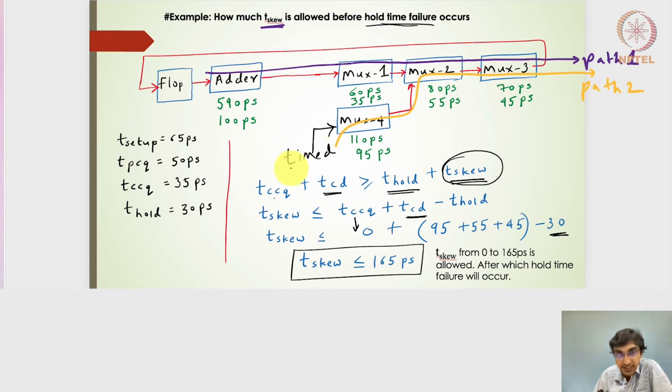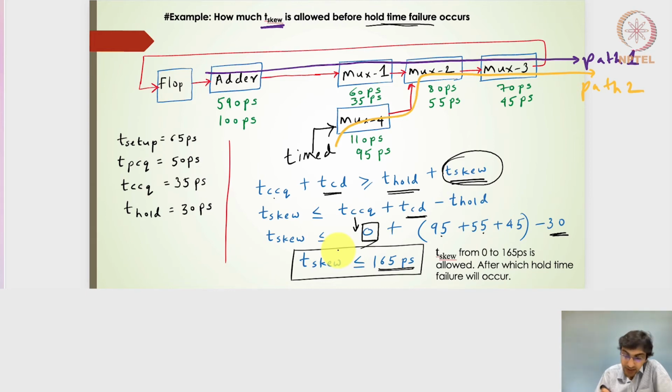We are considering it not to be timed at all, and that it is appearing from the first clock, and that's why the TCCQ of 0 is taken here. And then this 95 plus 55 plus 45 minus 30 turns out to be 165. So we are saying that T skew should be less than 165. Right, so the T skew from 0 to 165 is allowed, which is inappropriate if we consider this to be 0.